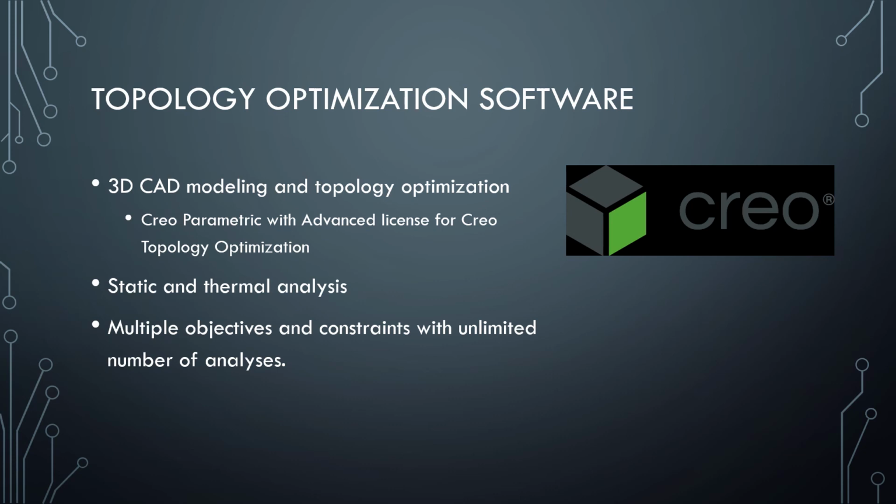For the topology optimization feature, it must have the ability to do both static and thermal analysis, hence a thermal structural analysis. It should have the capability to use multiple objectives and multiple constraints with unlimited numbers of analyses.